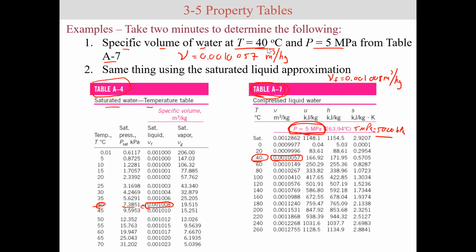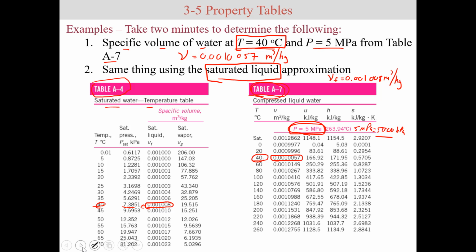The compressed liquid temperature is 40 degrees Celsius. Therefore, I will assume the property of that compressed liquid is the same as a saturated liquid at 40 degrees Celsius. I hope that makes sense, because this is the approximation that we are going to be using from now on. Okay, I hope that's clear.